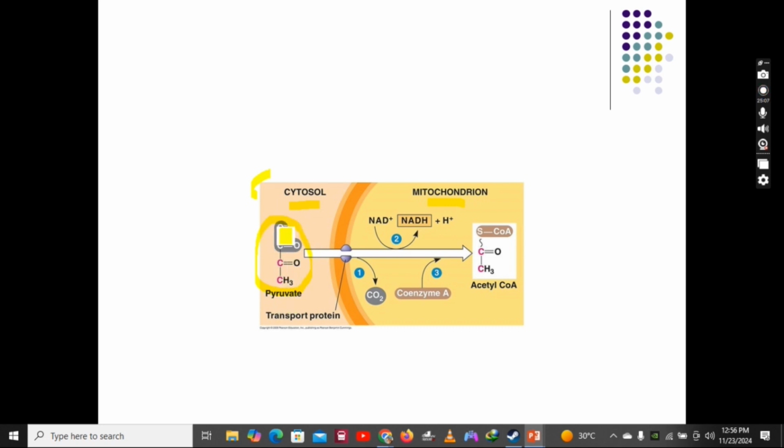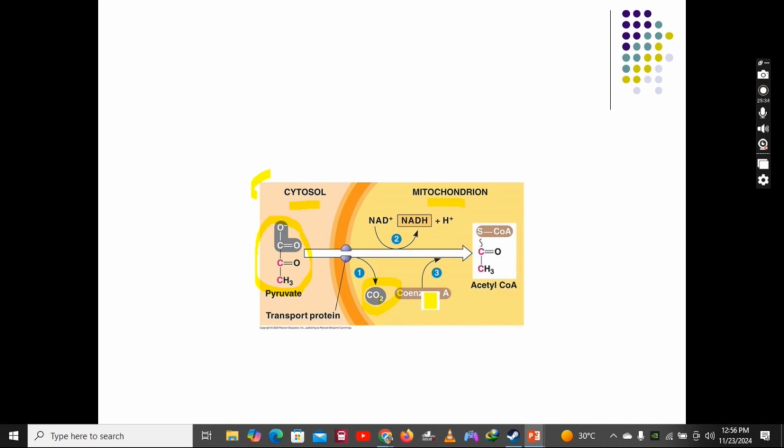Once the carboxylic group has been removed by pyruvate carboxylase, then what remains will be transferred to a coenzyme A. And this carboxylic group will be converted to carbon dioxide, which is here. It's coming from the carboxylic group.